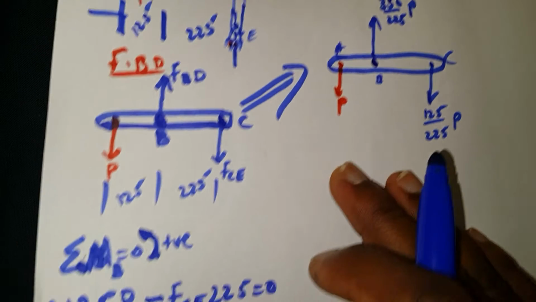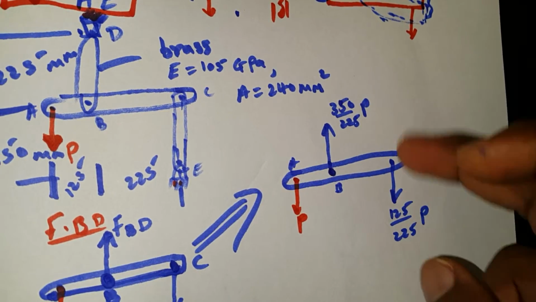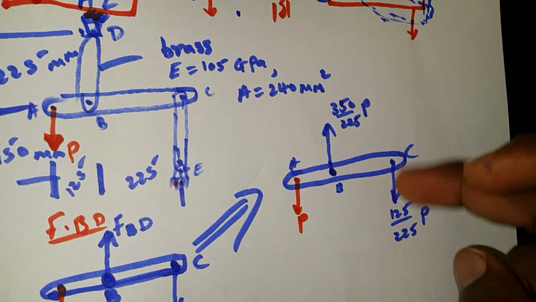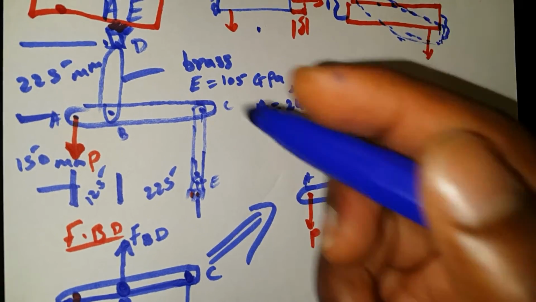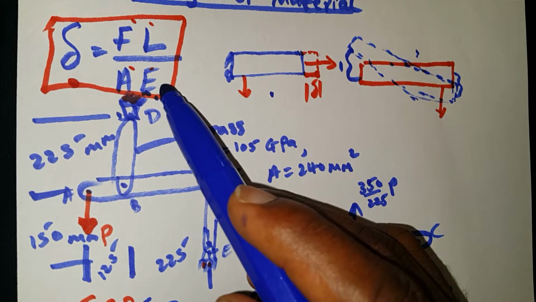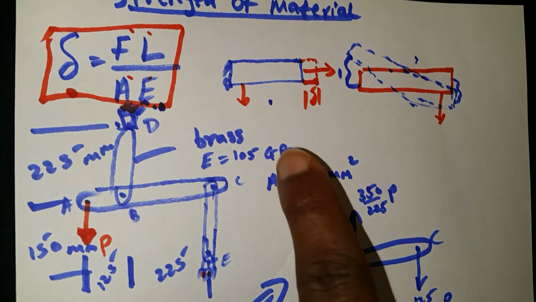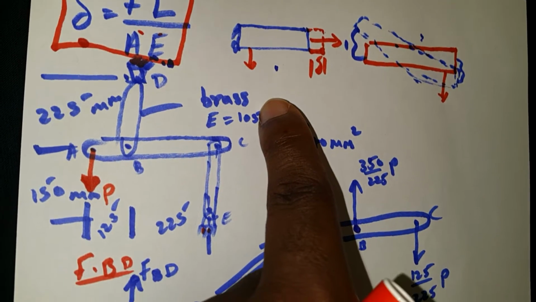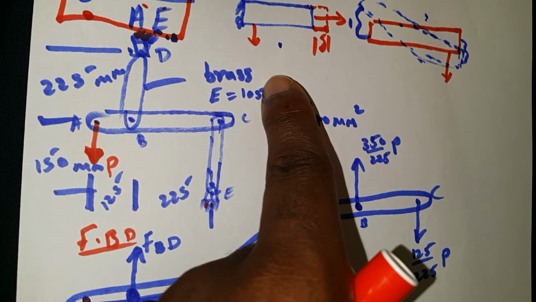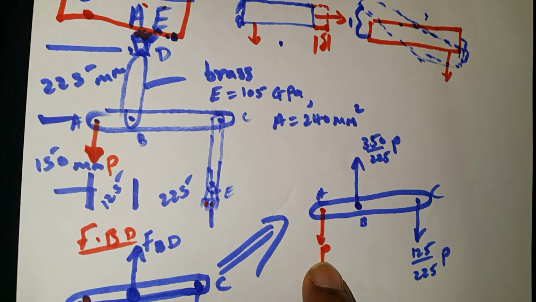So now we have these two forces. Although they are still incomplete, we have to put them in our equation from here. This general equation, we have to put it there to know what P is tending to.